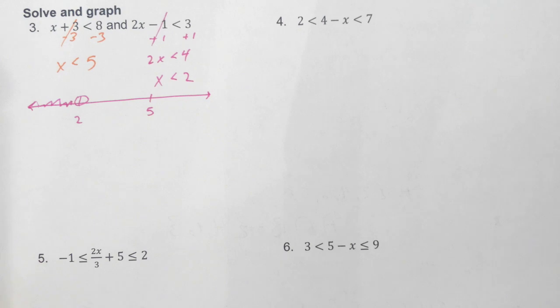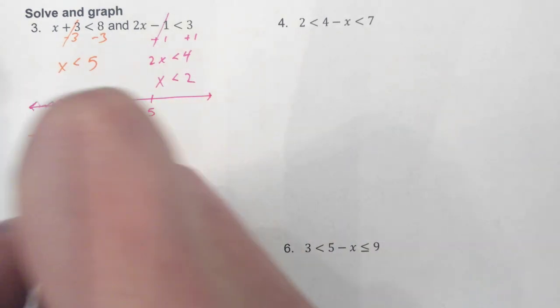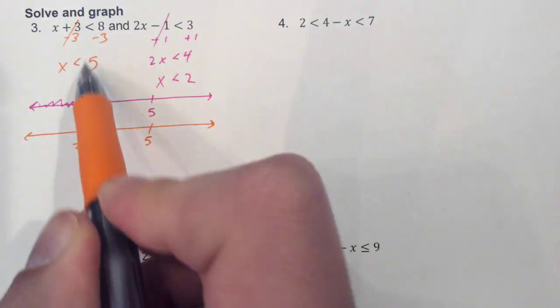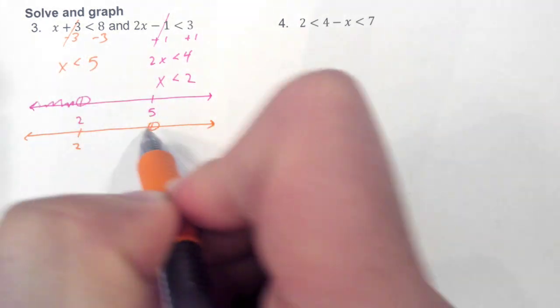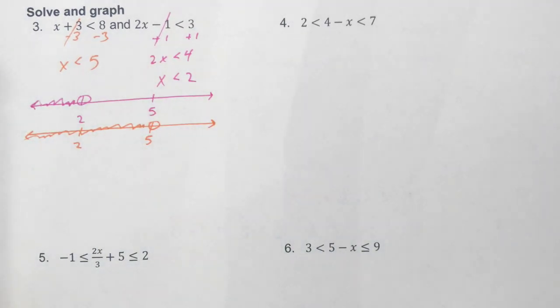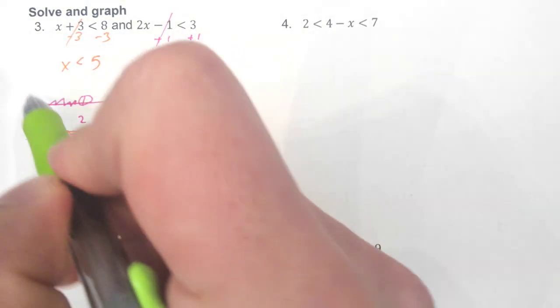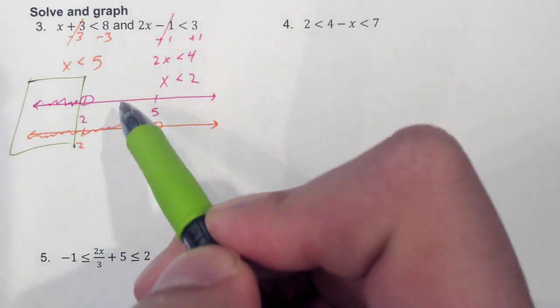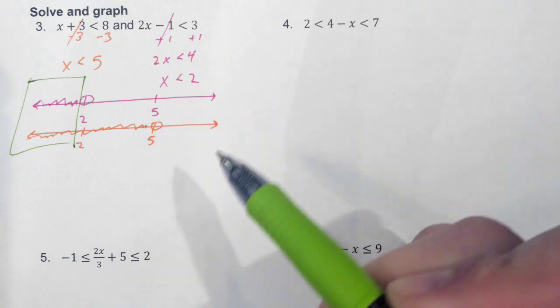For my orange solution, again, I will put 2 and 5 on it. And my orange solution would have an open circle on 5, and it would be shaded to the left. I'm looking for where do they overlap. Again, it's in this left portion right there. It's shaded on both of those. It's not shaded on both here, and it's not shaded on both here either.